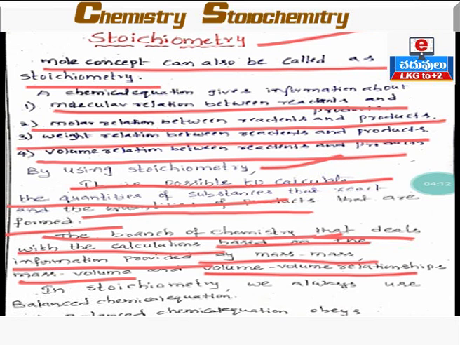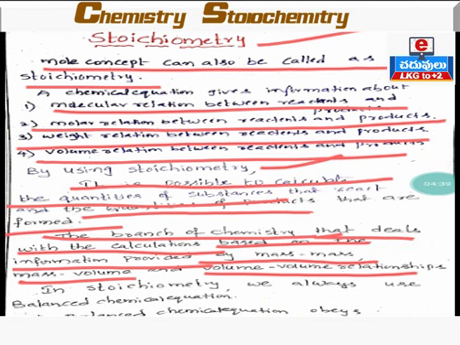Stoichiometry is said to be the branch of chemistry that deals with calculations like the mass to mass relationship, mass to volume relationship, and volume to volume relationship. We will discuss these relationships a little later.